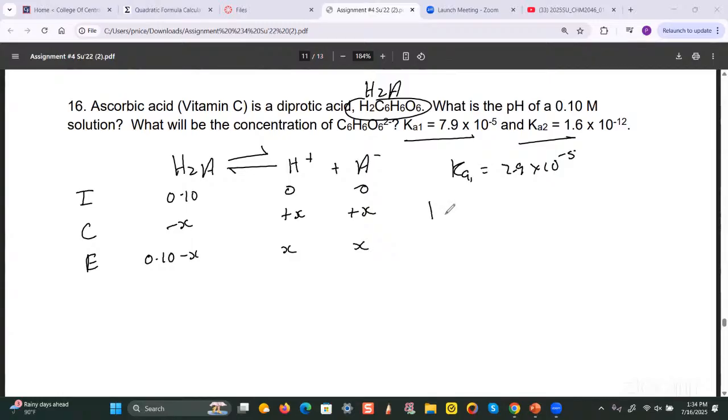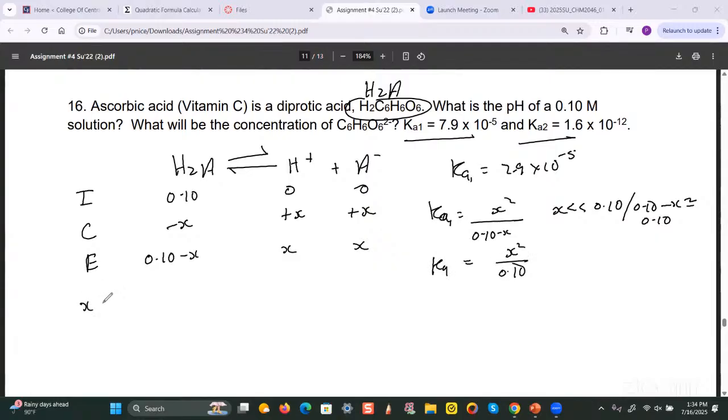So Ka1 would be equal to x squared over 0.10 minus x. Again, we assume that x is much less than 0.10. So 0.10 minus x is approximately 0.10. Therefore, this simplifies to x squared over 0.10 being equal to Ka1, which means that x would be equal to the square root of Ka1 times 0.10.